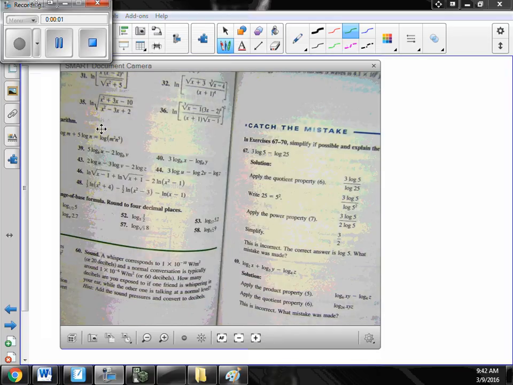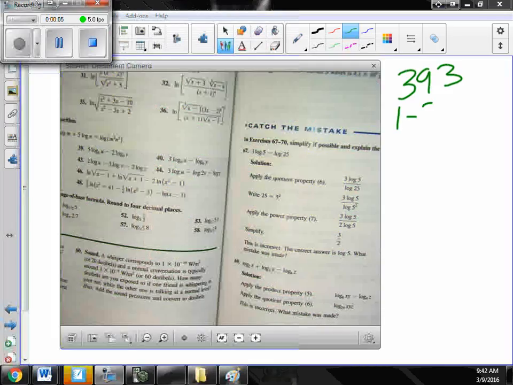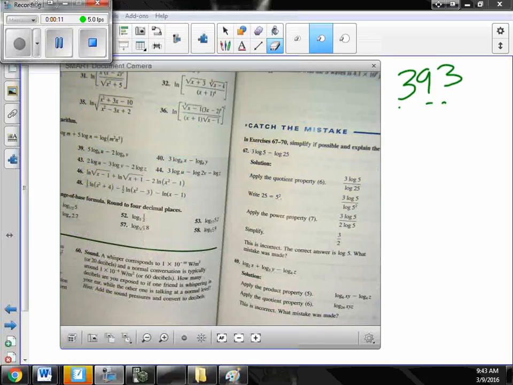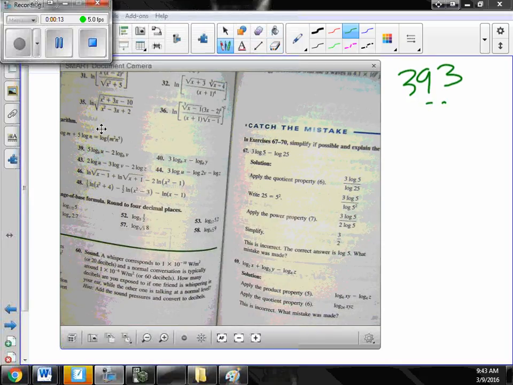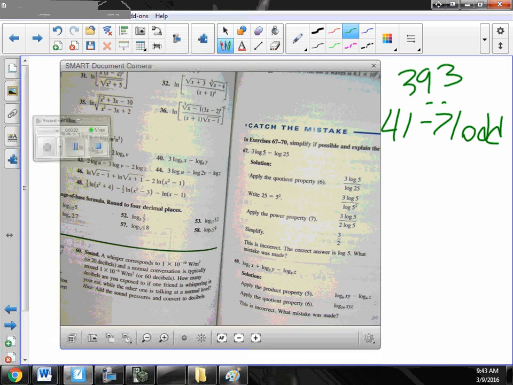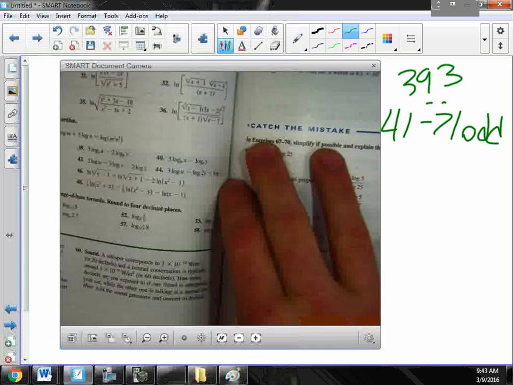Moving on. 393, 1 through 30, nope, 41 to 71. Maybe. 41 to 71 odd. All right.